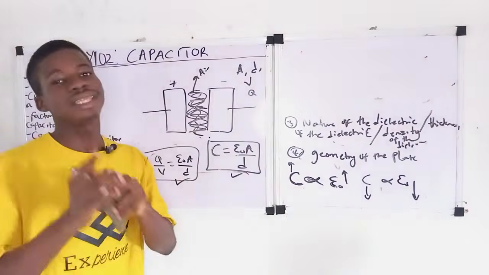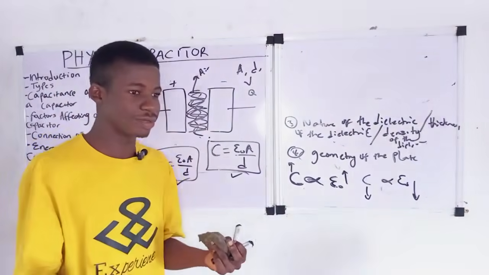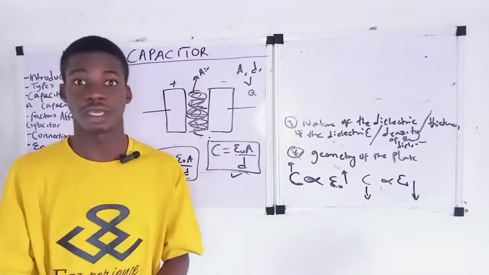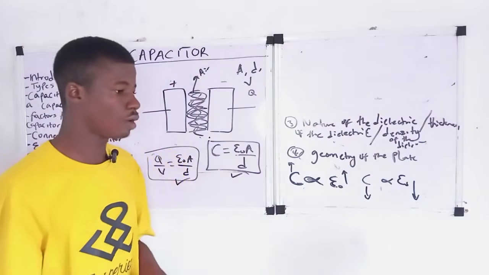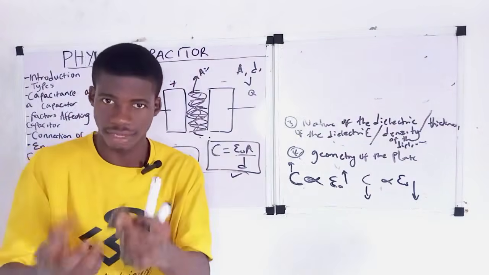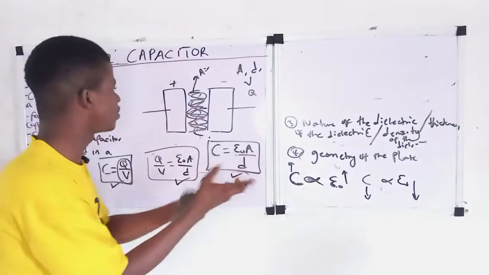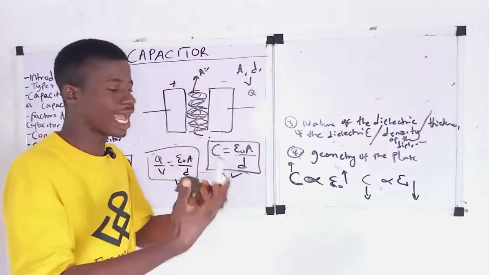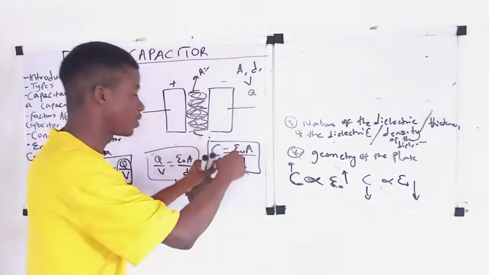But when the dielectric is a material medium like glass, paper, or ceramics, because remember you cannot touch air, we can no longer use this formula. We need to add something to it.